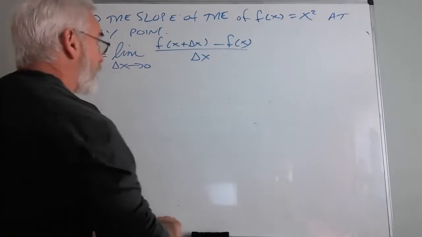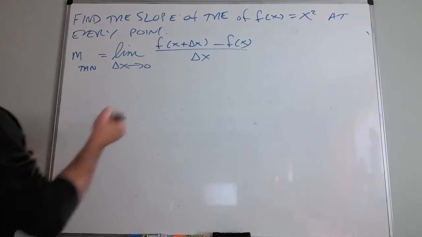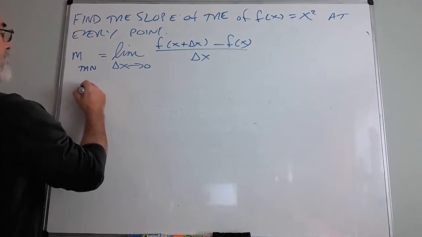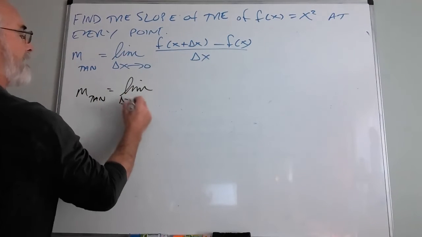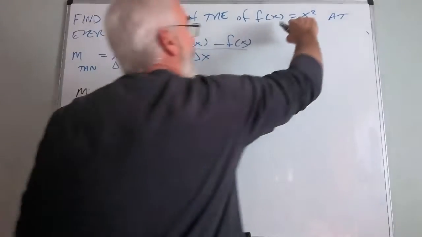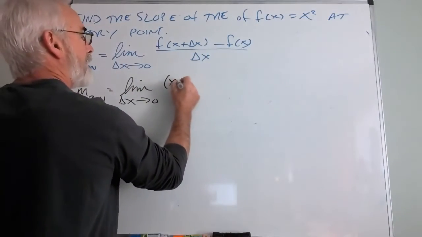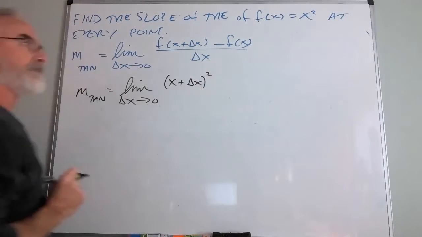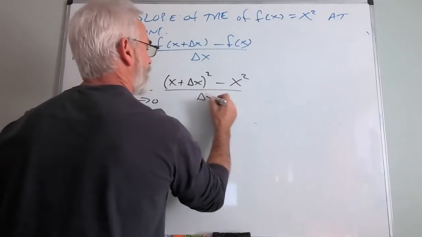So in this example, for y equals x squared, or for f of x equals x squared, we're going to get the slope of the tangent line to be the limit as delta x goes to 0 of f of x plus delta x, minus f of x, over delta x.